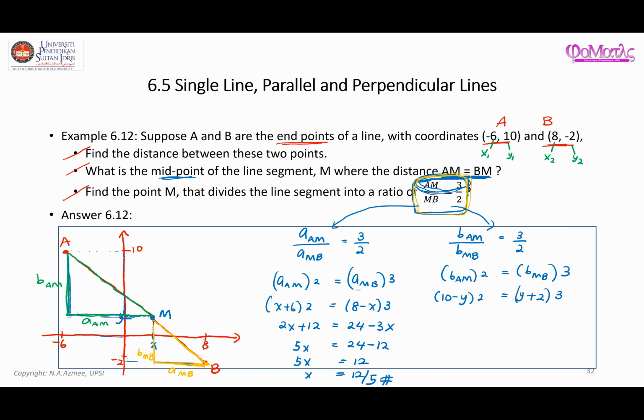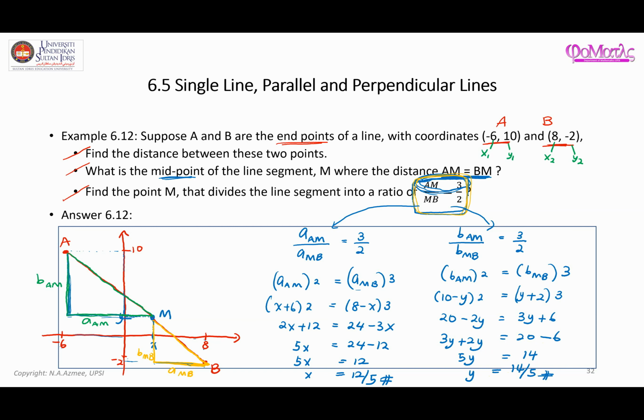Next, we're going to solve for Y. So that becomes 20 minus 2Y equals 3Y plus 6. Now, what we can have is 3Y plus 2Y is equal to 20 minus 6. 5Y is equal to 14. Y is just 14 over 5.